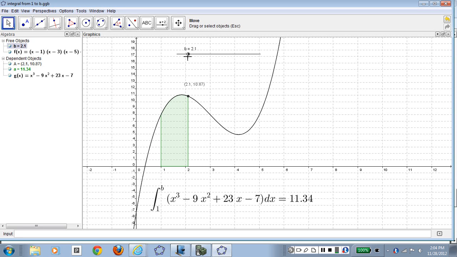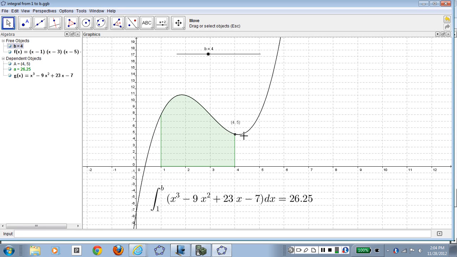Yeah, 11.3 something. So we're asking ourselves, how fast is the function changing? Well, the rate of change of the area function is the curve itself. So if we're at 4, this one I think is kind of interesting.